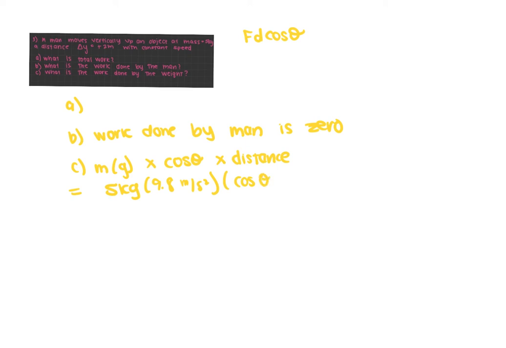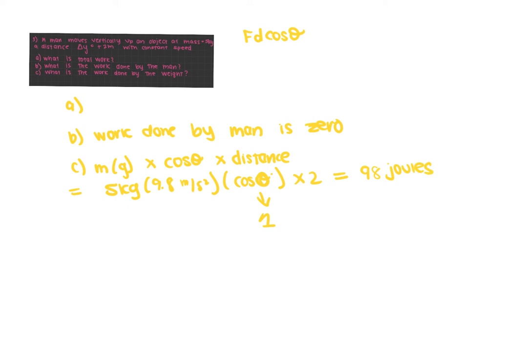Since it's moving vertically, there is no angle, so it's 0, times 2, which is the displacement. Now, cosine of 0 is 1. When you multiply all of these together, it equals 98 joules, which is the work being done by the weight.